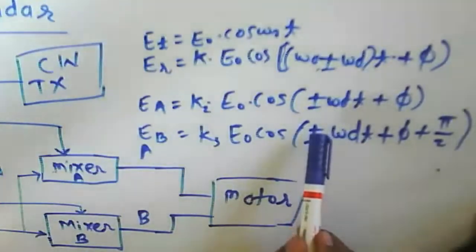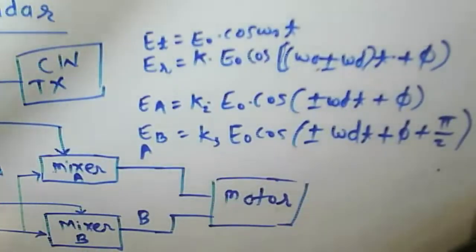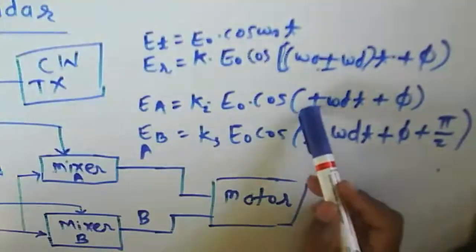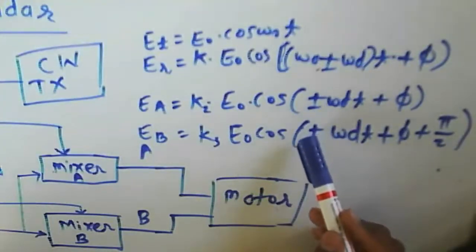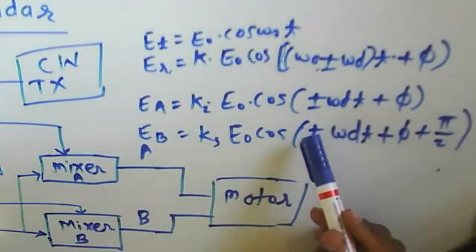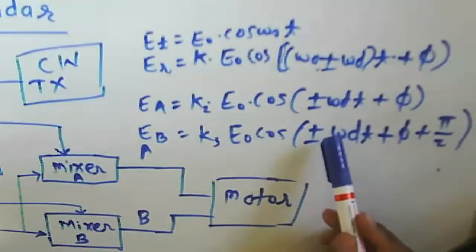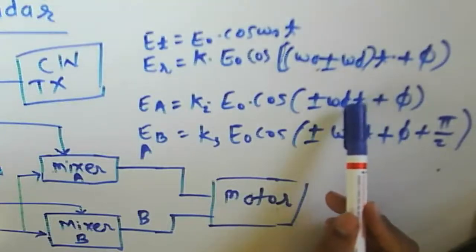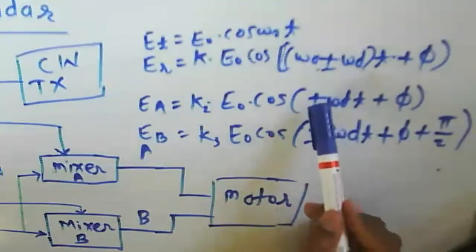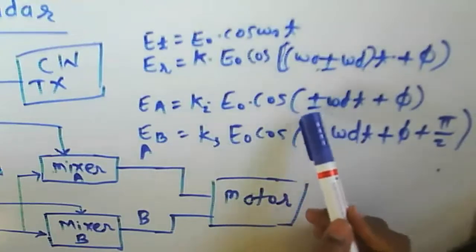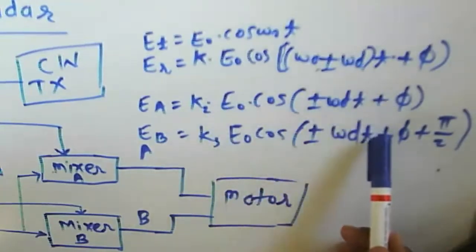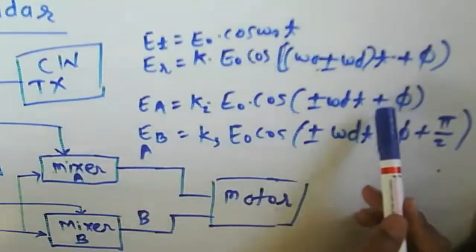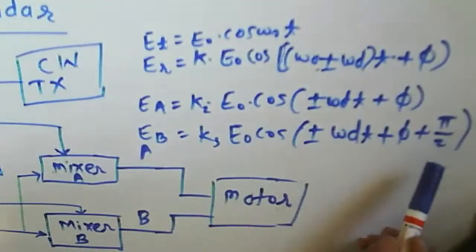If the target is receding, there will be a plus or minus omega d. So in that case, we are supposed to consider that omega d will be minus here. So the sign between omega d and plus here: for approaching, this will be plus all. For the receding, this will be minus, this will be minus and this will be minus.